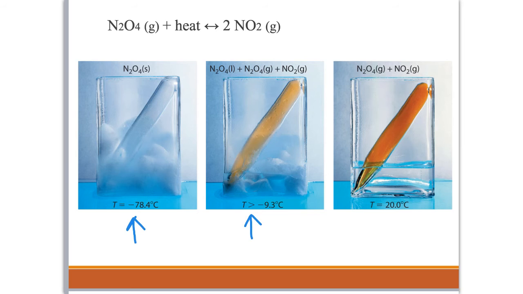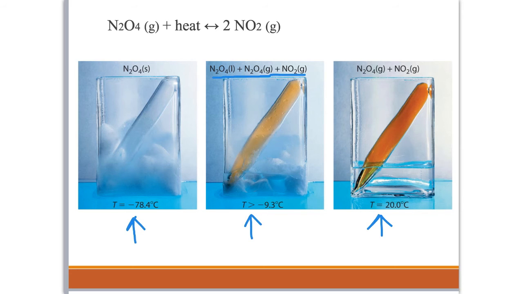So in our problem, we see that our solid is now changing more to a liquid and a gas, and that gas is giving the color. As we continue to increase the temperature, we see now we are pretty much left with gas all the way.